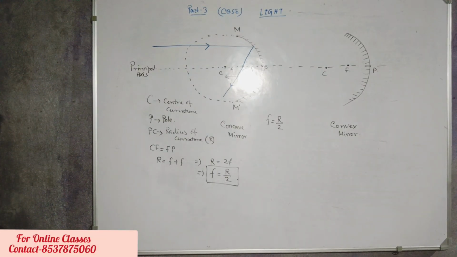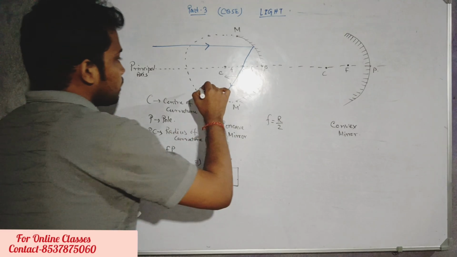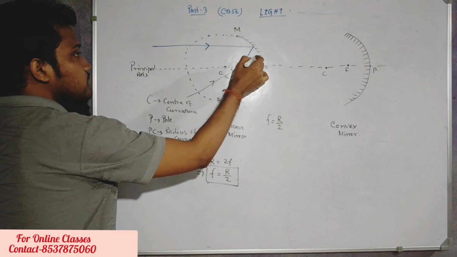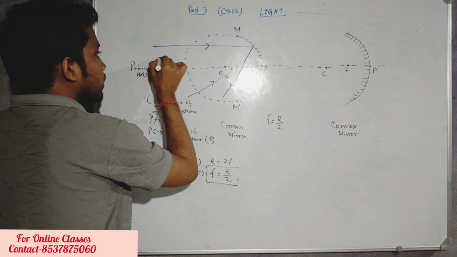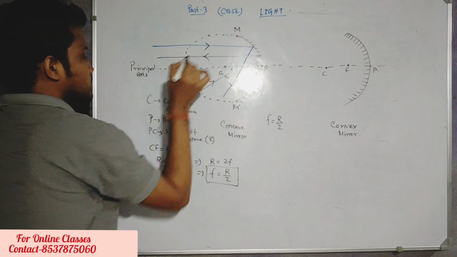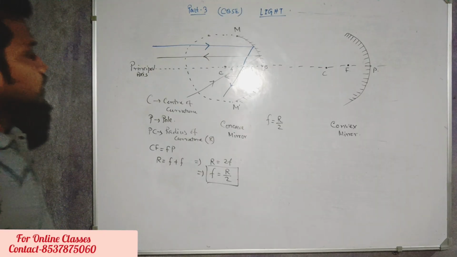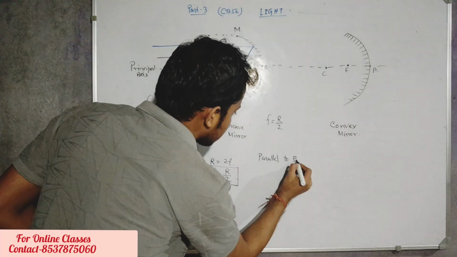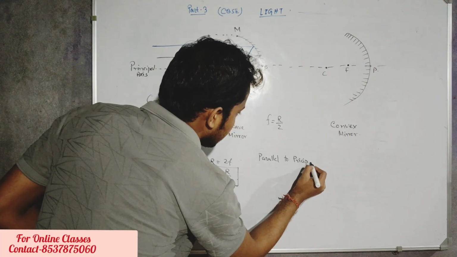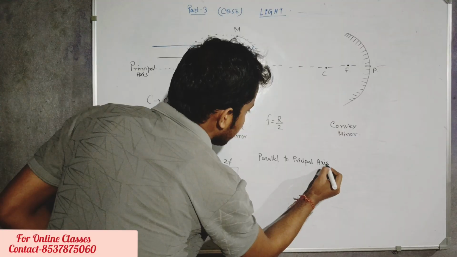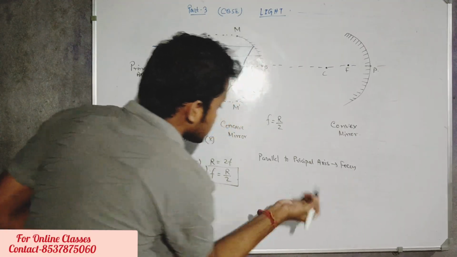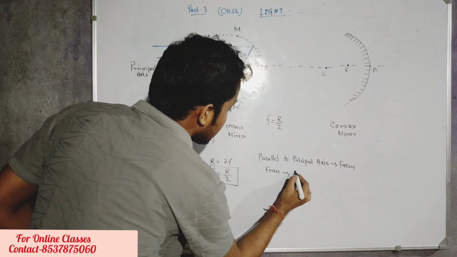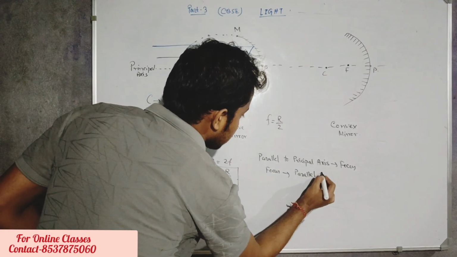Similarly, if a light ray comes through the focus, it will reflect back parallel to the principal axis. Similarly, if a light ray is parallel to the principal axis, it will go through the focus. And if a light ray comes through the focus, it will go parallel to the principal axis.